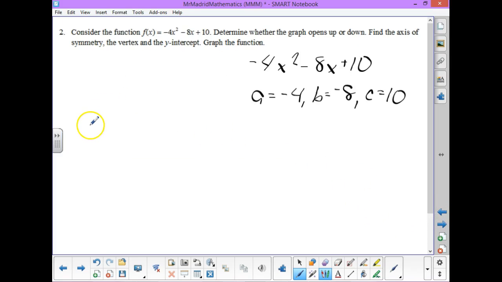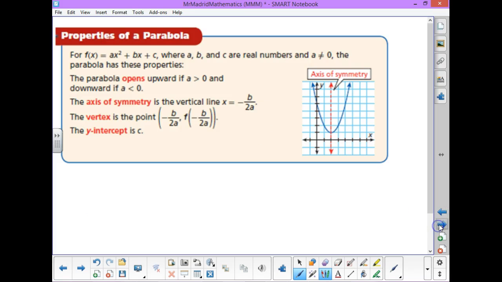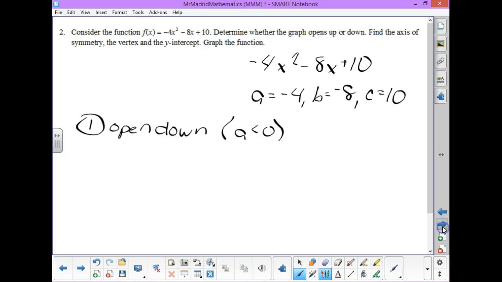So first thing, it opens down. Why? Because A is less than 0. Make sure that's consistent with the notes.